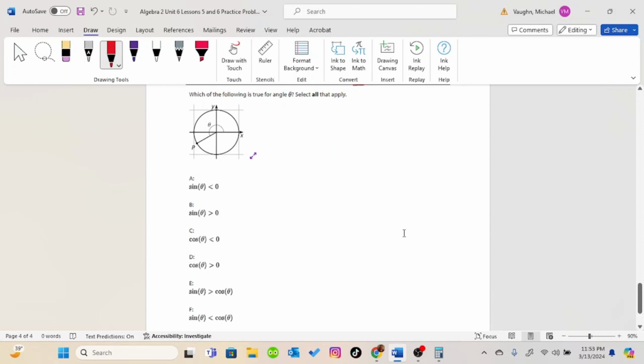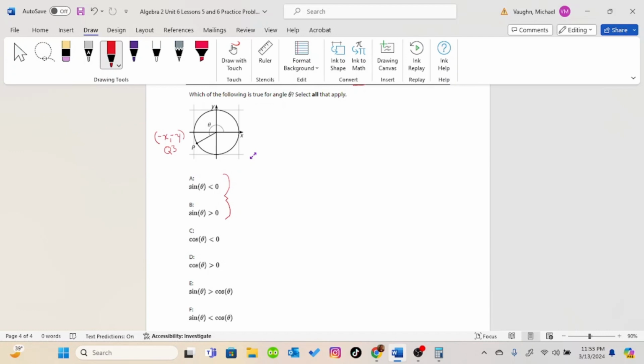Which of the following is true for angle theta? Select all that apply. So for point P, we are over here in quadrant 3. And in quadrant 3, we're going to have a negative x and a negative y. So A and B go together. Only one of them can be true. A says that sine, which is our y value, is less than 0.